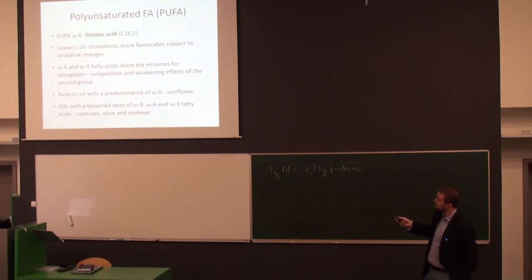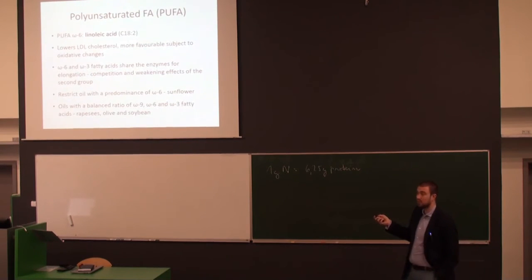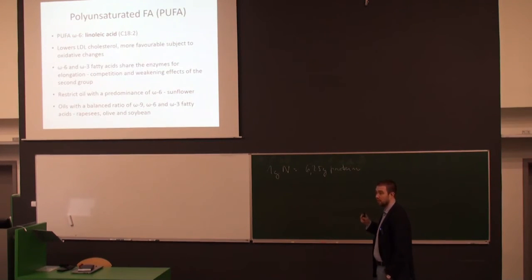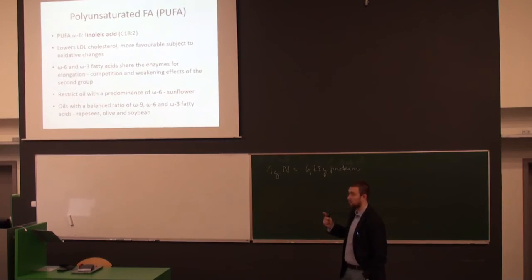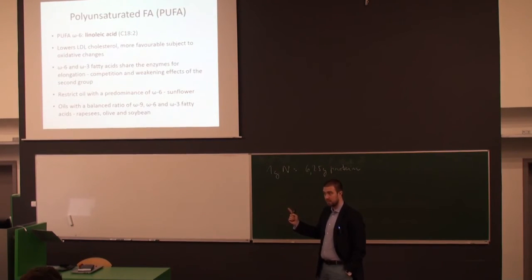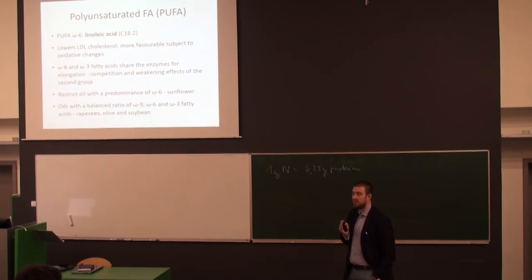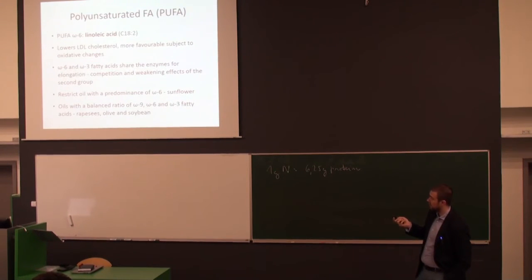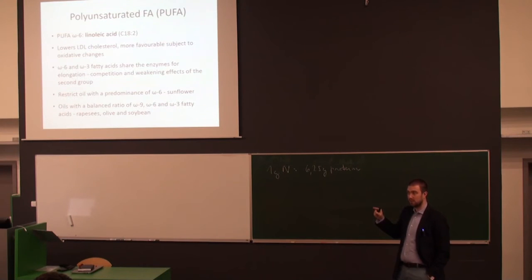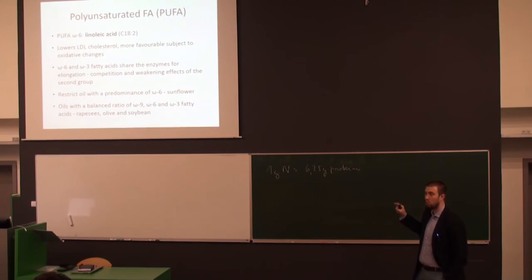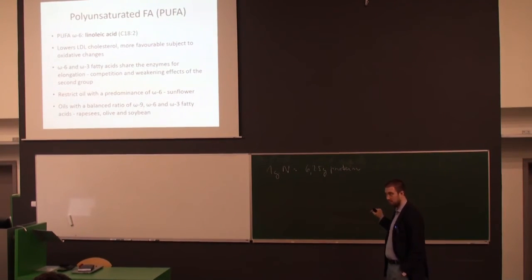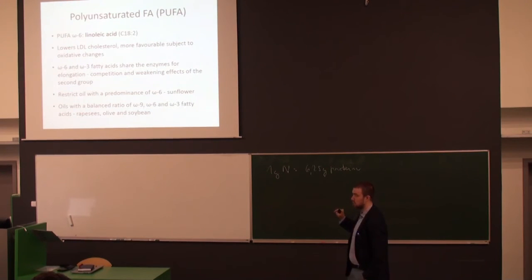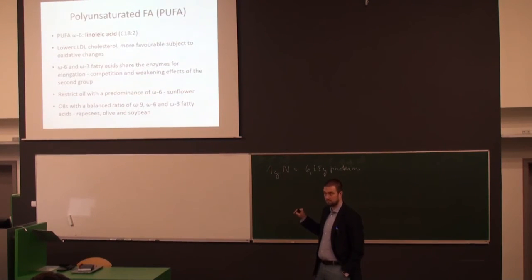And that's the problem of, for example, sunflower oil or corn oil. They have a lot of polyunsaturated fatty acids, but there is a very big predominance of the omega-6 family. For sunflower oil the ratio is 150 for omega-6 to 1 for omega-3. And the physiological ratio should be 5 to 1.